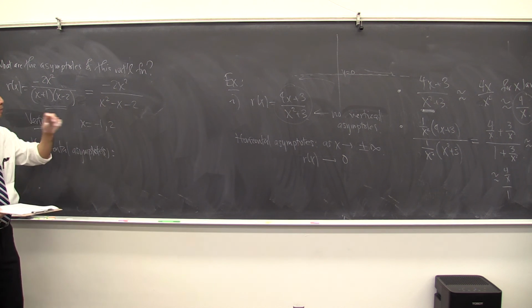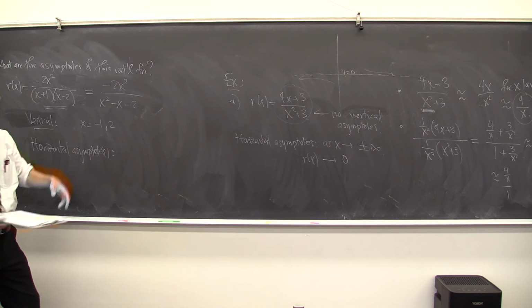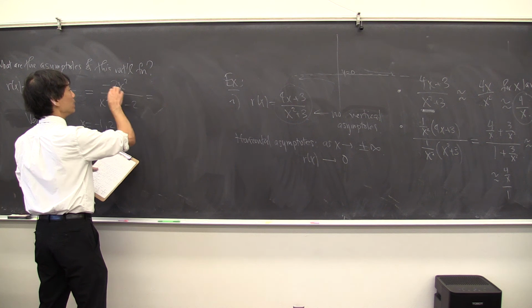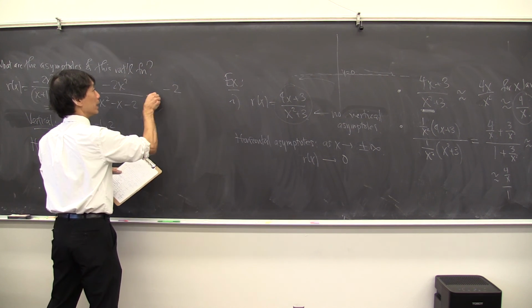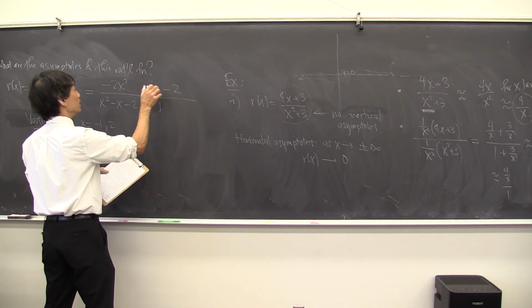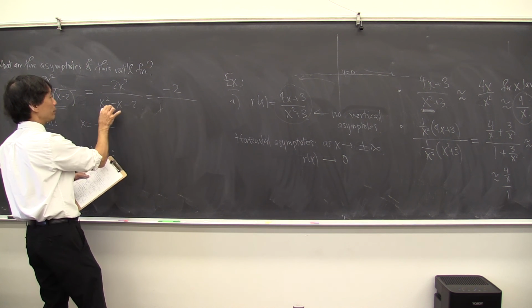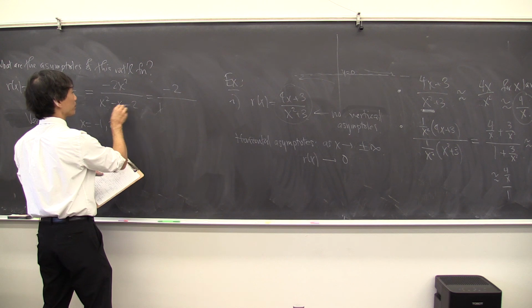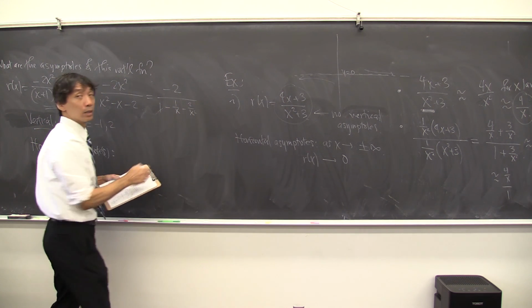So we can play the algebraic way of thinking and say let's divide top and bottom by x squared. On the top we get -2, because we divided out the x squared. On the bottom, we divide everything by x squared, and we get 1 minus 1 over x minus 2 over x squared.